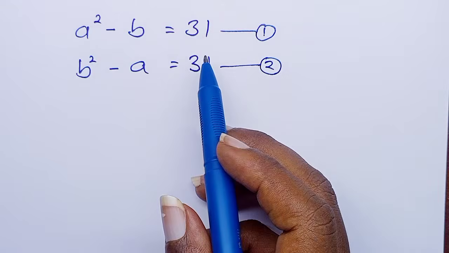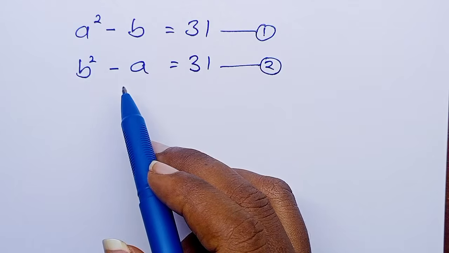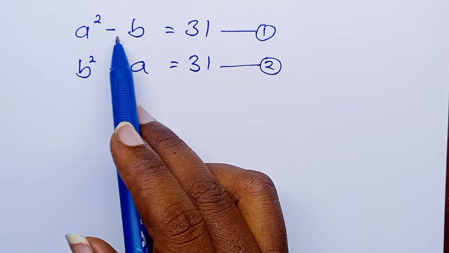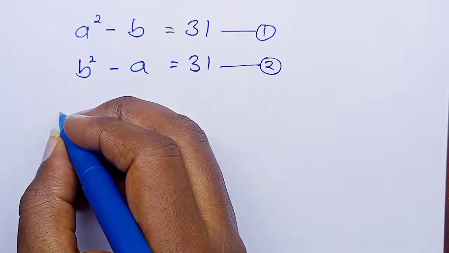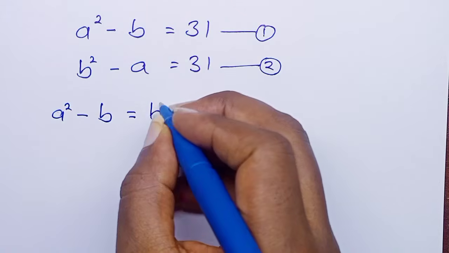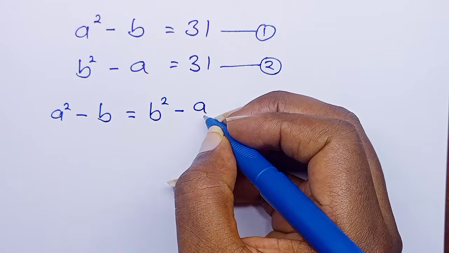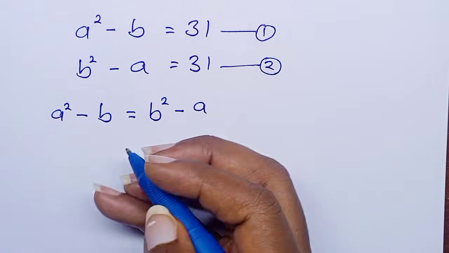Now, since both equations 1 and 2 equate to 31, we are going to equate the left side of equation 1 to the left side of equation 2. So we shall have a squared minus b being equal to b squared minus a. So we bring everything to the left side.